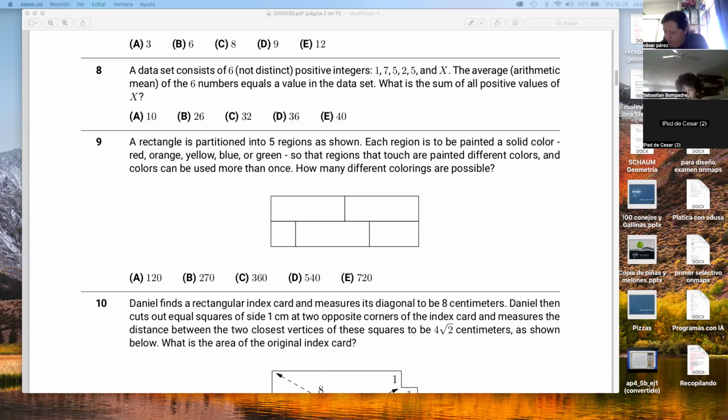What are the positive values of x? Okay. We can have different values for x.